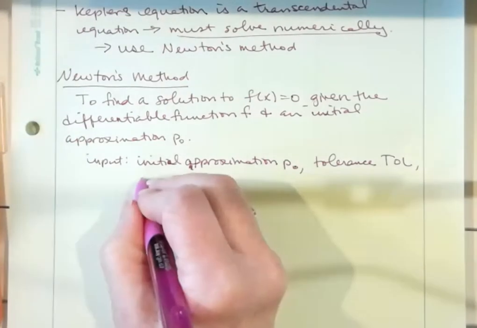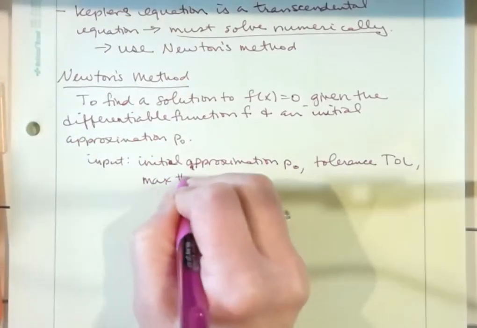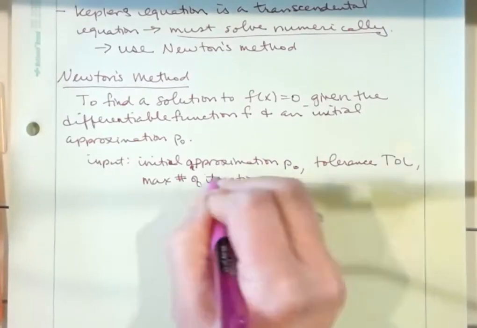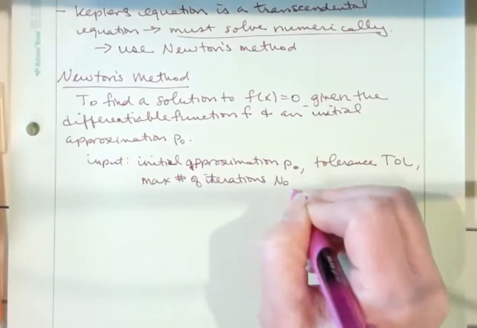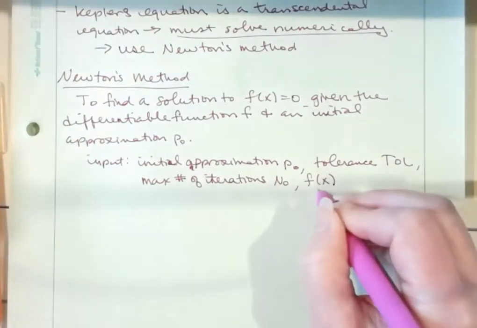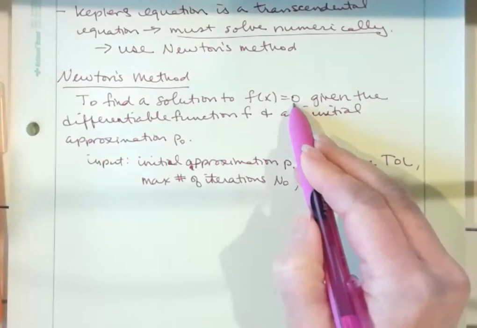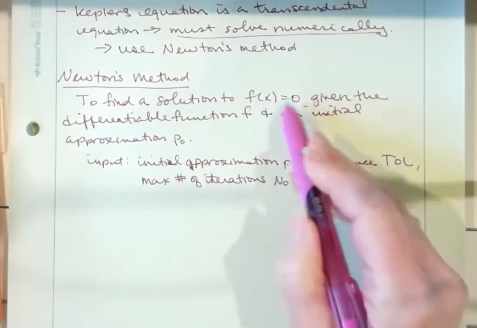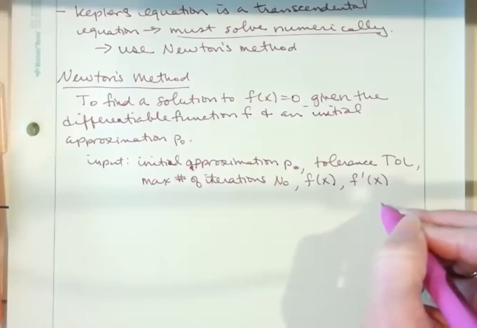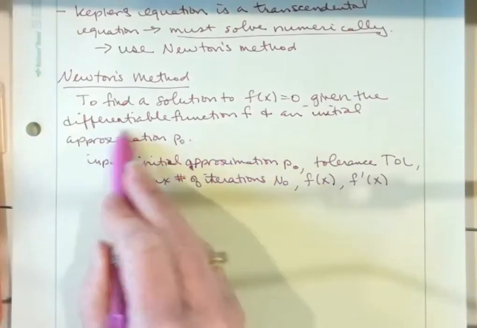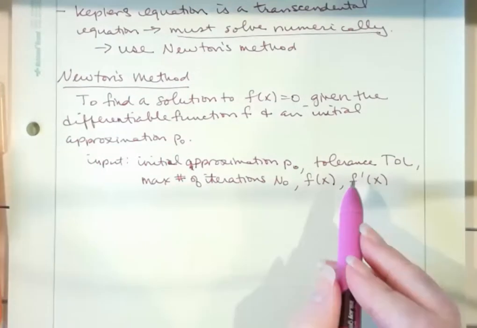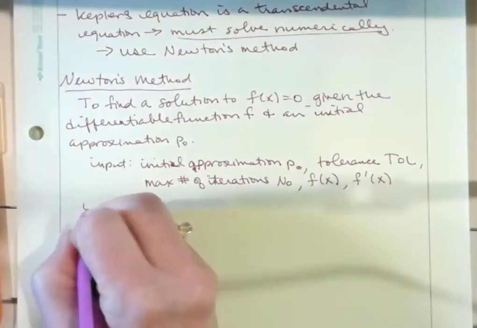Then we need a max number of iterations so we don't end up stuck in an infinite loop. Let's call it N0. Then we need our function f of x. Remember, your function has to be set to 0 like we had up here, so make sure it's in this form. We also need the derivative of that function, which is why it says you have to have a differentiable function. Those are our inputs.